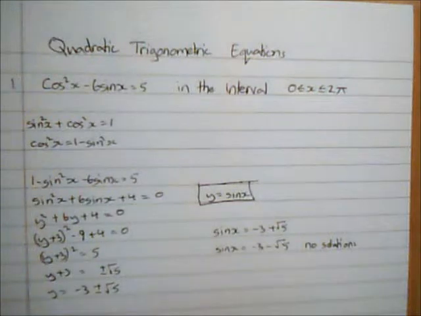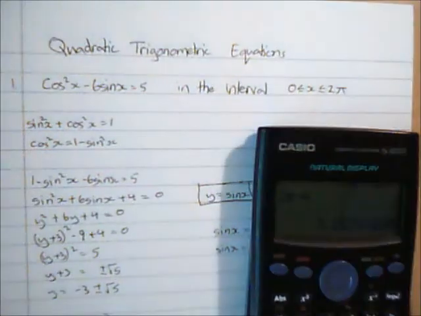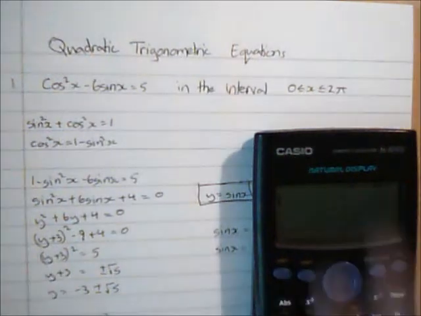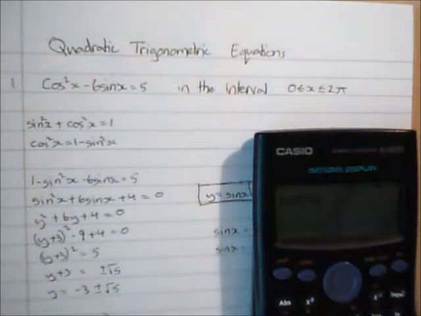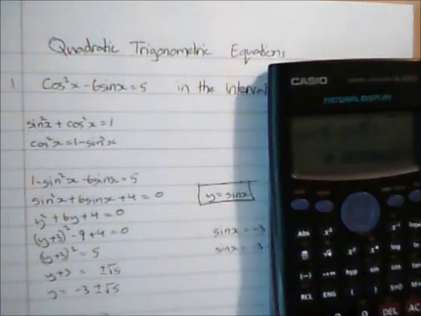So let's do arc sine of negative 3 plus root 5, and this is going to give me a value for x. I've got it in radians mode, that's good. So arc sine of negative 3 plus root 5 gives me negative 0.869.